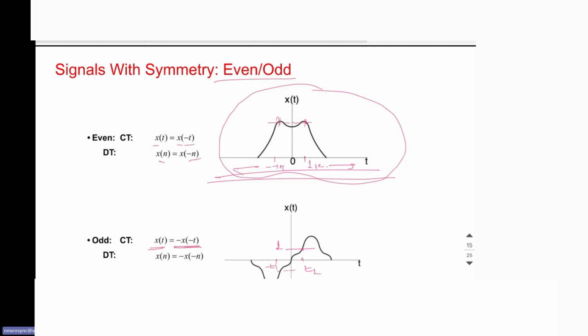In that case, it will be an odd signal. So what are the benefits of even and odd signals? That also we will see later. But in general, you should understand how they look. Along the x of t axis, you will see the same pattern on both sides, so this type of signal will be the even signal.